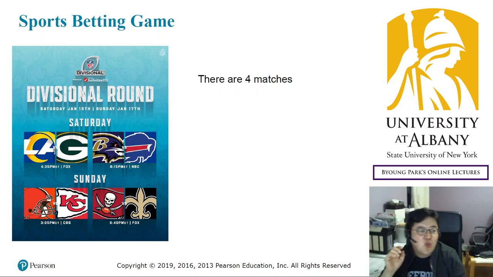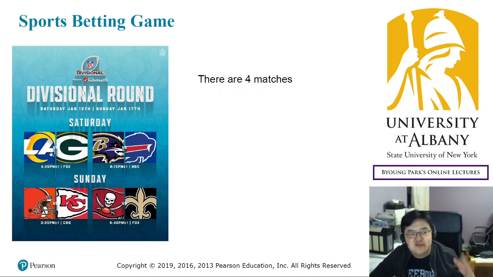Of course it's a hypothetical game, and I will explain how you have to play this game. There are 4 matchups: Rams and Packers, Ravens and Bills, Browns and Chiefs, and Bucs and Saints.